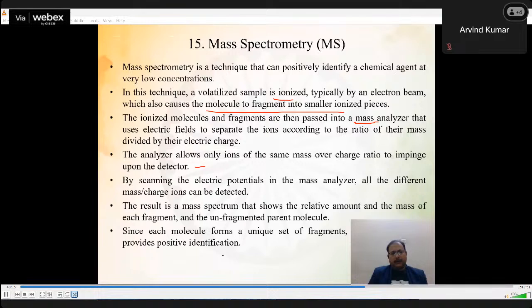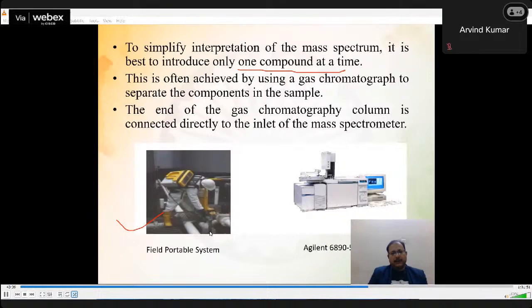You can see here a field portable system where a responder is taking data and analyzing it with the help of spectrometry, and this is an Agilent 6890 gas chromatograph using this technology to ascertain the data. So all these things are very evident, and we can easily see the requisite information for the particular zone.